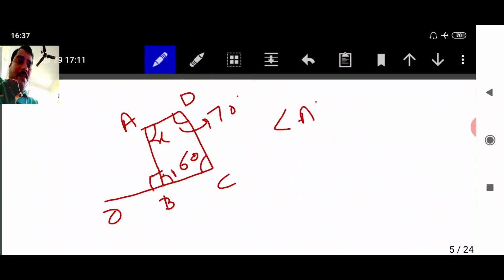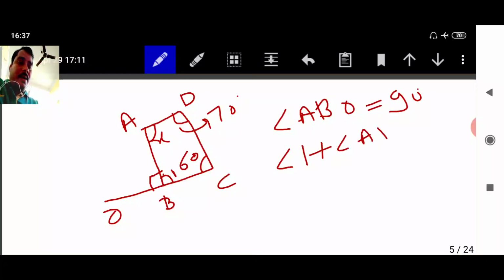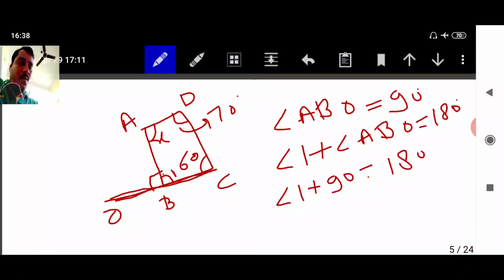Angle ABO equal to 90, and you know that angle 1 plus angle ABO equal to 180. Why? Because OBC is a line and this is a linear pair. The angle 1 plus 90 equal to 180.